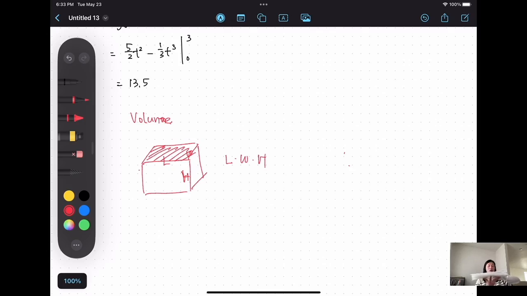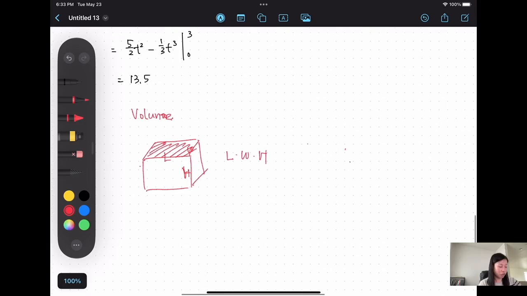The area of this one is going to give you the volume, right? This is similar to a cylinder. How do you find the volume of a cylinder? It's going to be the area of the bottom circle, which is pi r squared, times the height of the cylinder. That gives you the volume of the cylinder.